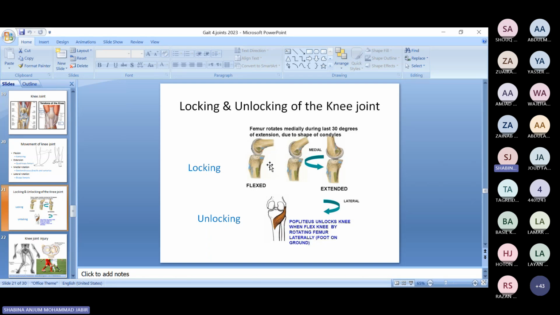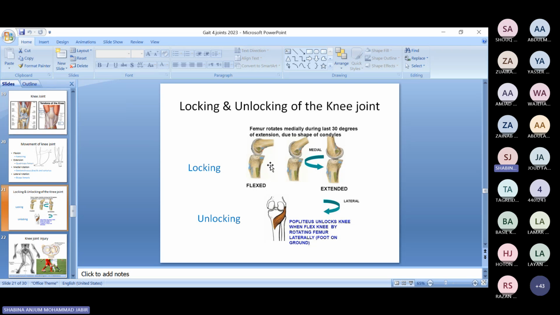Now when you go to the lab, try to take the tibia and femur. If you keep one bone on the other, you will feel that both the condyles are not of the same size. When you make full extension, like when you are standing, you cannot keep the femur completely over the superior surface of the tibia.